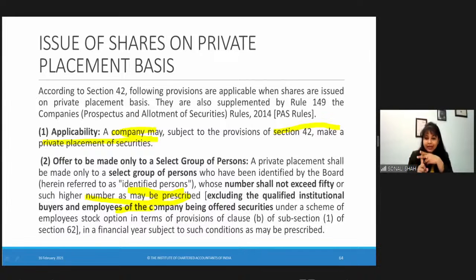Is that clear? And this limit of 200 is for each financial year and for each type of security. So you can make an offer to 200 people for preference shares, to 200 people for equity shares, and to 200 people for debentures. So you have to remember that there is a limit of 200.